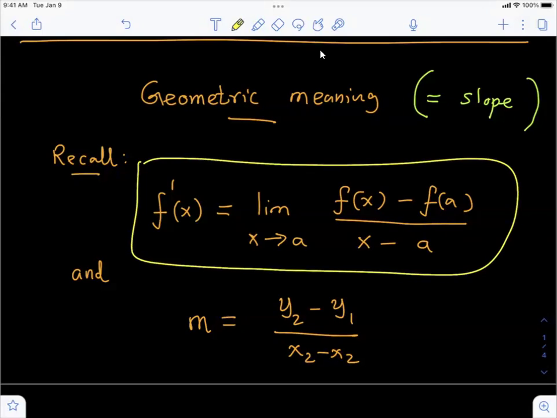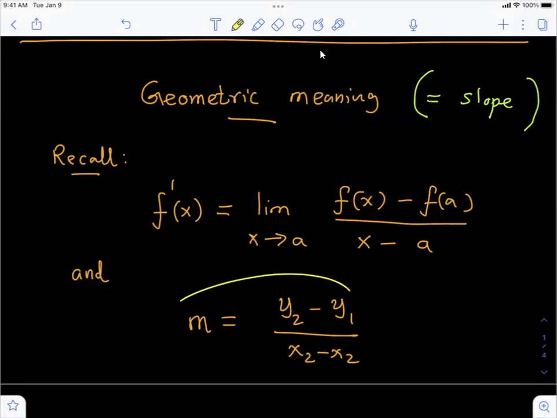On the other hand, the other component is something fairly straightforward. When you consider any straight line connecting two points, x1, y1, and x2, y2, the slope of that particular line is given by y2 minus y1 divided by x2 minus x1. It should be x1 here. Let me update it. x2 minus x1.